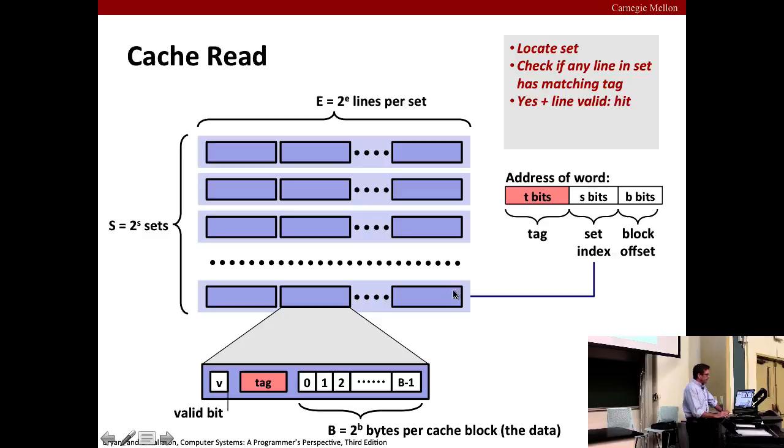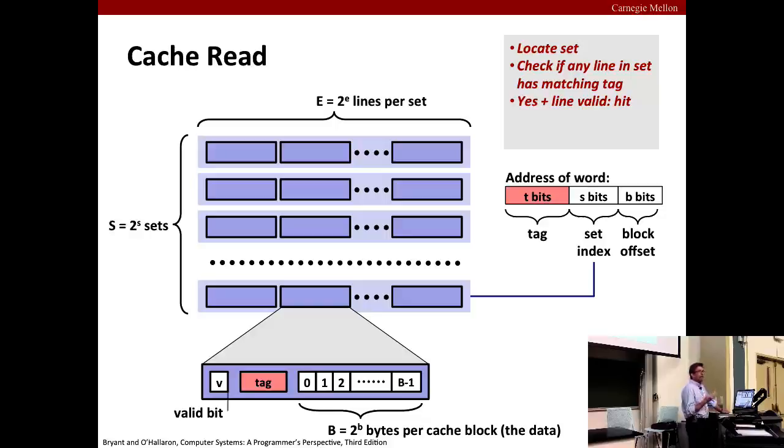And then it checks the tag. It checks all of the lines in that set to see if any of those lines have a matching tag, a tag that matches the tag bits in the address. Okay, and it checks to see if the valid bit is turned on. So if those two conditions hold, if there's a line anywhere in the set where the valid bit is 1 and there's a matching tag, then we have a hit.